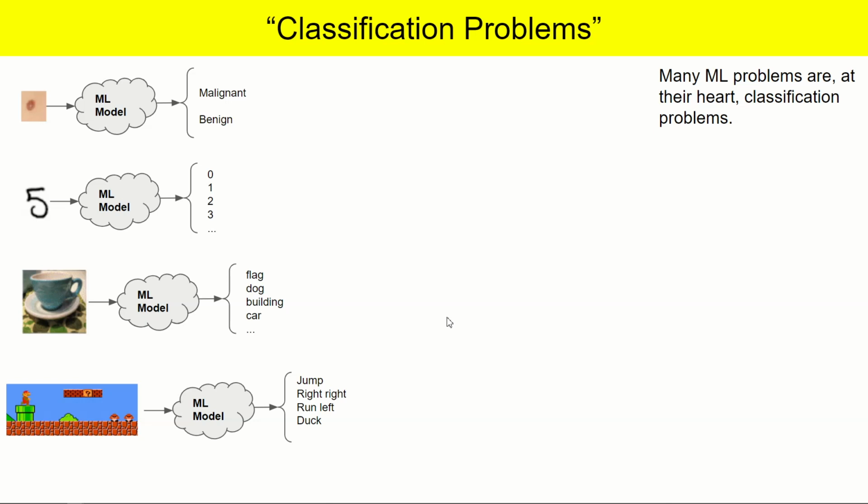You might have seen videos on the internet of trying to teach machine learning models to play classic arcade games like Snake or like Super Mario Brothers. Usually the type of machine learning model that's used for this is called a reinforcement learning model. But part of a reinforcement learning model you can still frame as a classification problem. Usually you wouldn't give it an image.